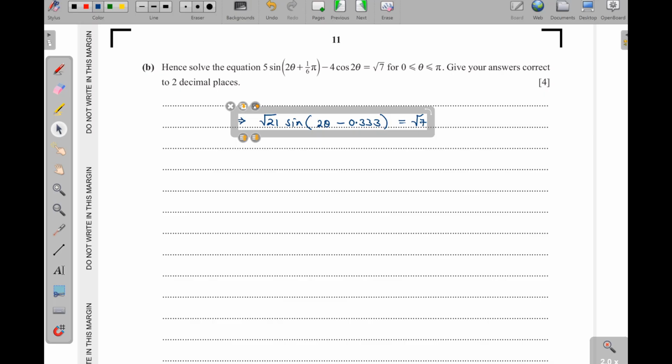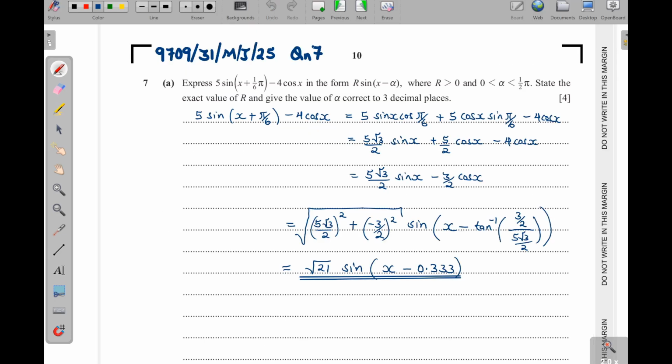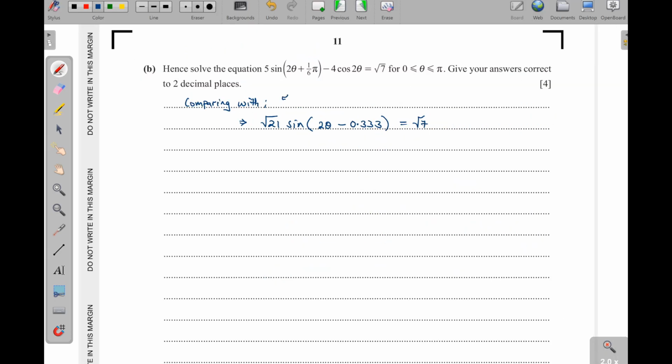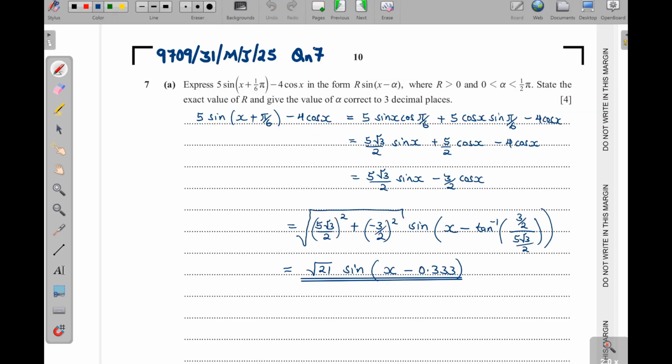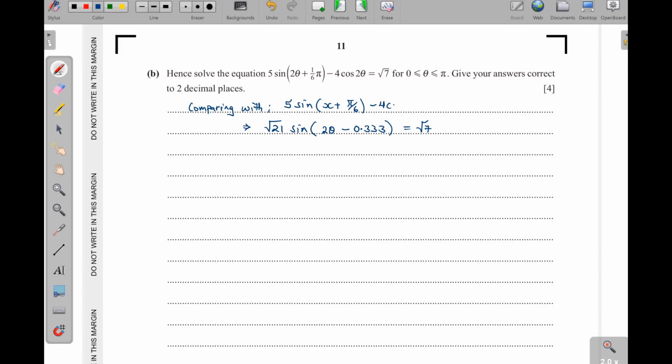Let me in fact put this one here, and we say comparing with what are we having here? 5 sine of x, then plus pi over 6, minus 4 cos of x, which is root of 21 sine of x minus 0.333.